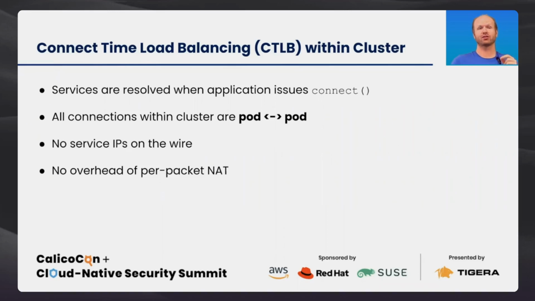And there are no service IPs on the wire for traffic which is intra-cluster. It comes with no overhead per packet because we don't have to translate every packet because of NAT. But if you look at tcpdump, it may get confusing that you don't see the service IPs anywhere as you were used to.